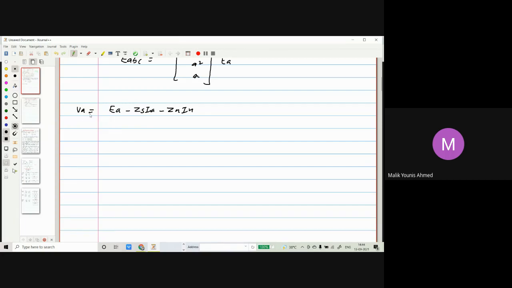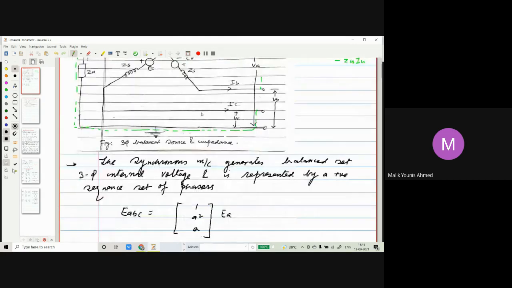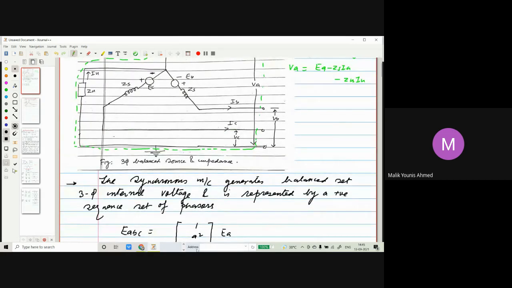Similarly, VB can be written as EB minus ZS IB minus Zn IN. Similarly, VC can be written as EC minus ZS IC minus Zn IN. We'll write this in matrix form in the next class because we don't have much time now. So we'll be continuing with the same topic.